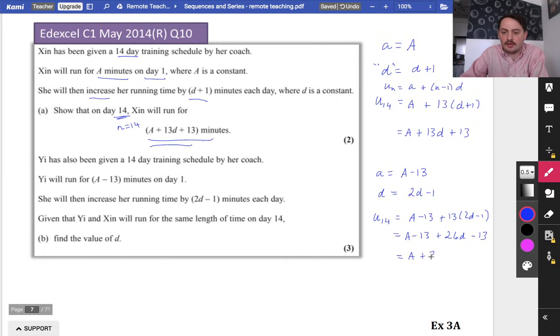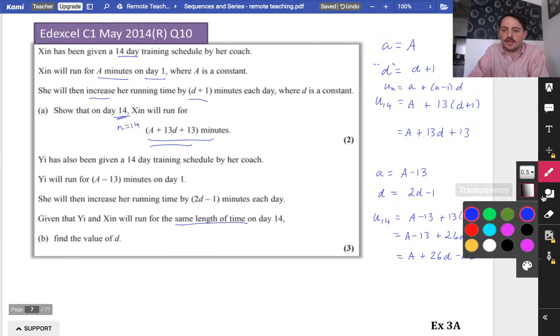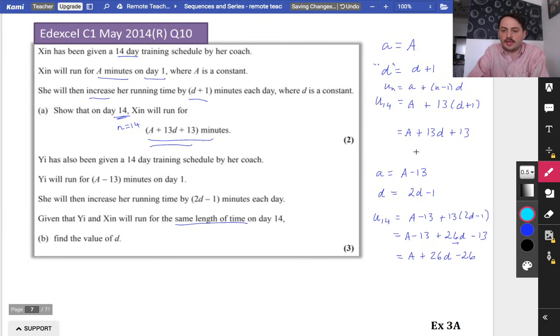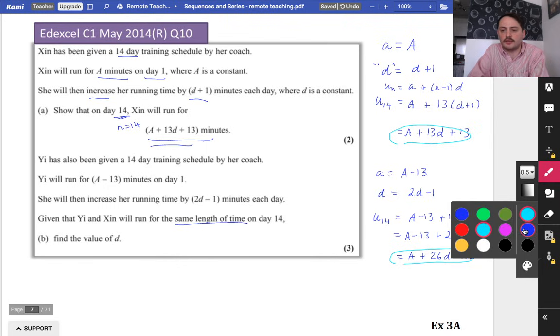So that's A plus 26D minus 26. And we've been told that they will run for the same length of time on day 14. So that means that this thing here must be equal to this thing here, because that's how much they run on the 14th day.